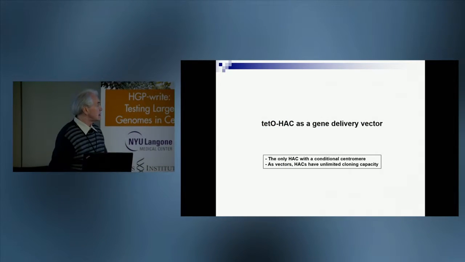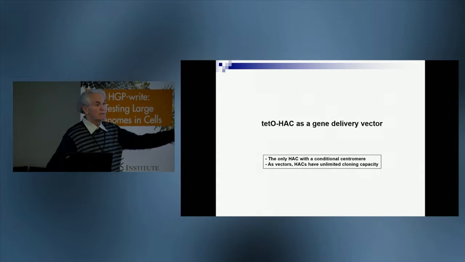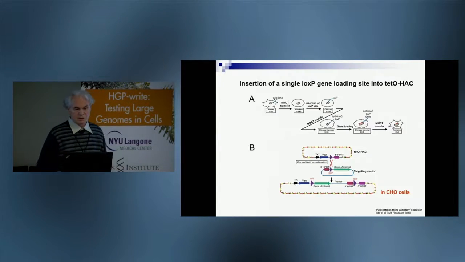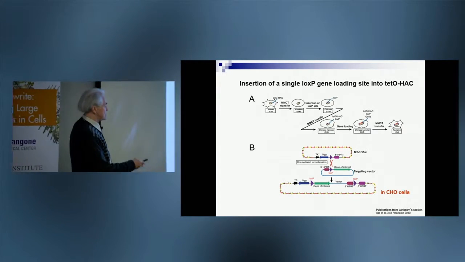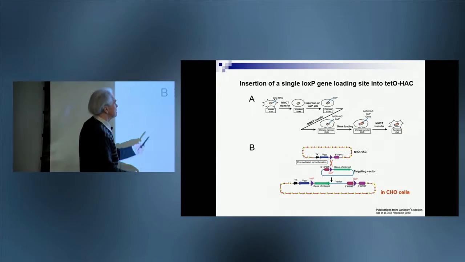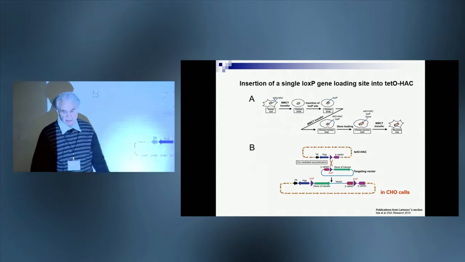HAC as a gene delivery system. This is the only HAC with conditional centromere, which we can regulate, and as other HACs, it has unlimited cloning capacity. To convert this HAC into vector, we introduce a unique LoxP site into HAC, by homologous recombination in DT40 cells.